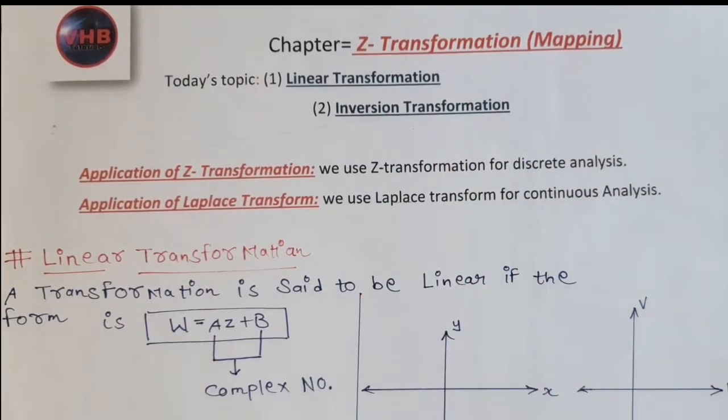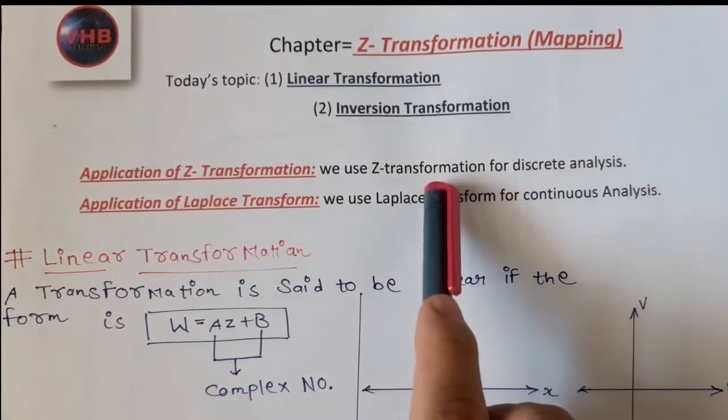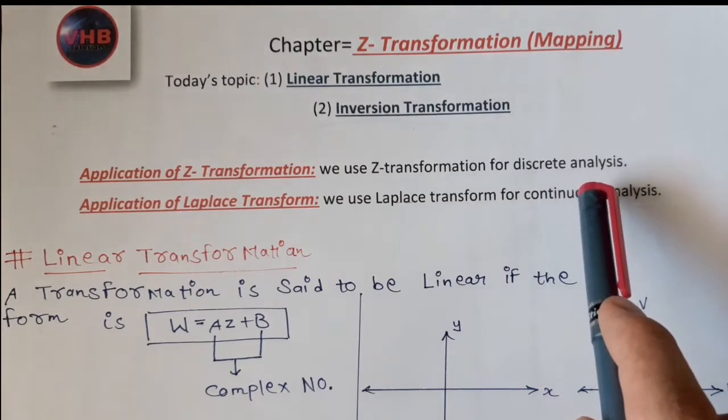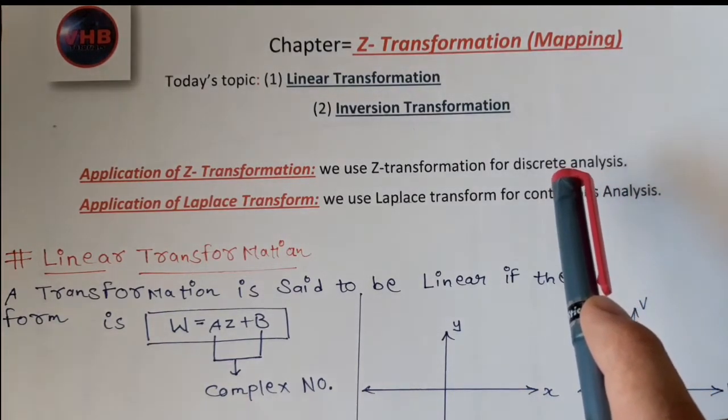The first question that arises in your mind is what is transformation and where it is used. The application of Z transformation is that we use it for discrete analysis. This topic is used in electrical signals.